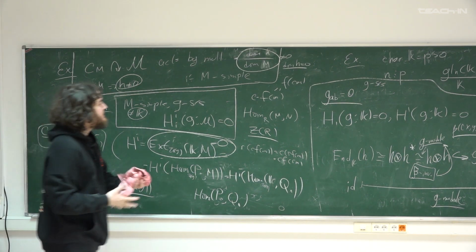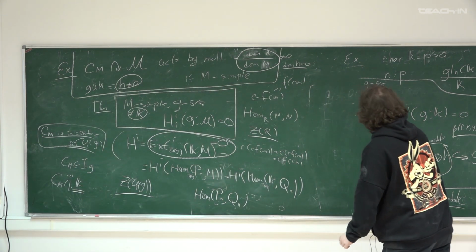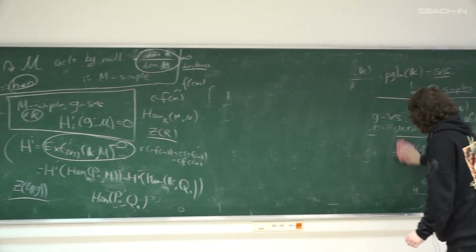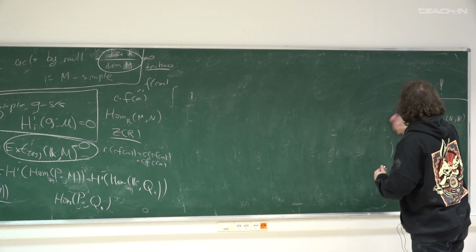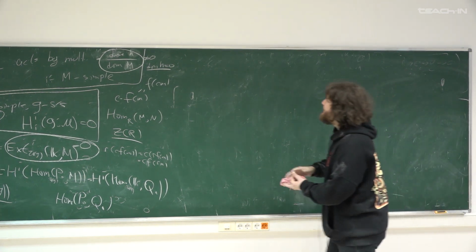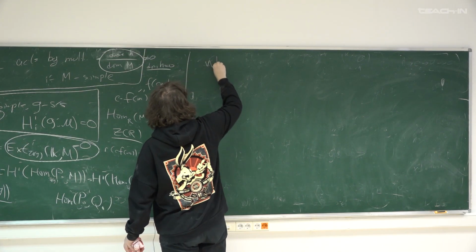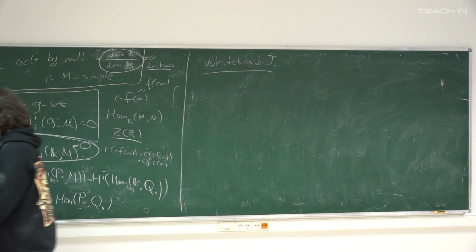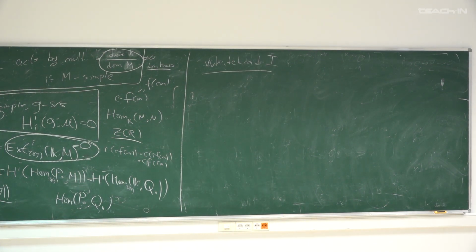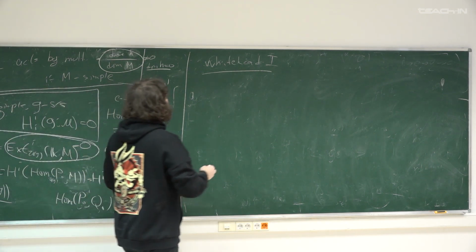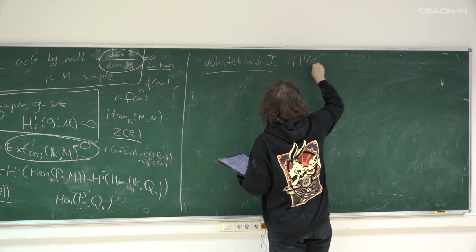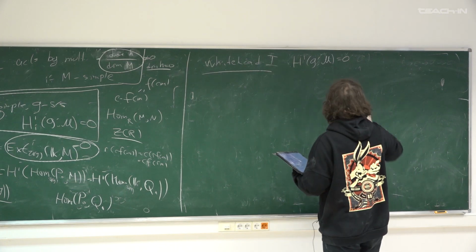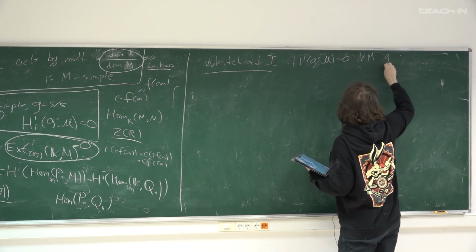So now we can obtain the following corollary. The Whitehead first theorem: that first cohomology with coefficients in any module M is 0 if G is semi-simple.